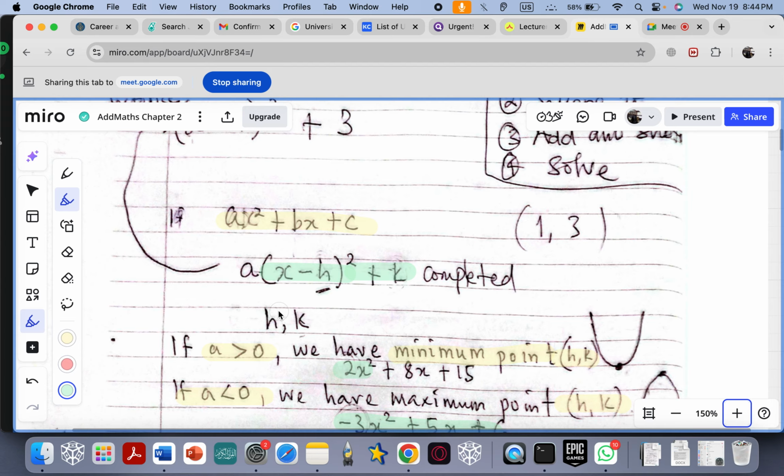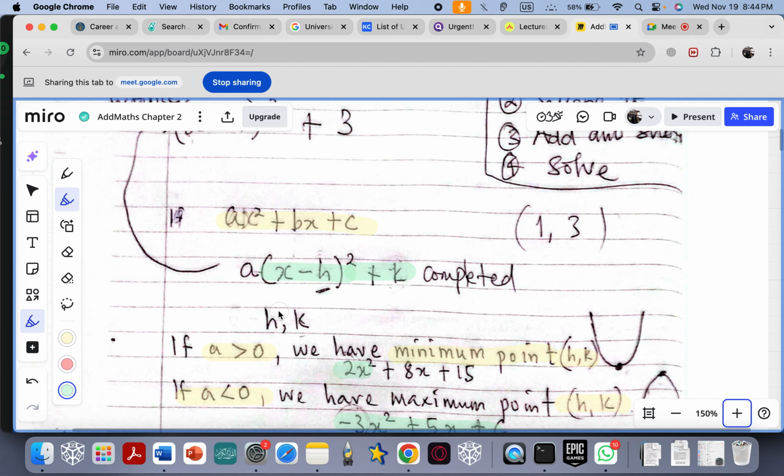You have a minimum point when the value of a is greater than 0. When we say a is greater than 0, it could be 0.5. Remember, a is the coefficient of x squared. So when you're given a quadratic function, look at the coefficient of x squared.